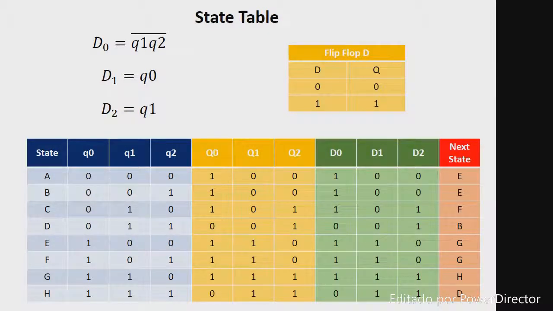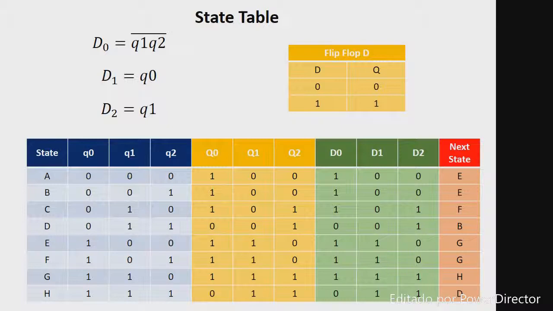Then we obtained the value of the formulas of our circuit, of each input D of each flip-flop. In this case, we have that D sub 0 is equal to Q1, Q2 inverted. D sub 1 is equal to Q0, and D sub 2 is equal to Q1.